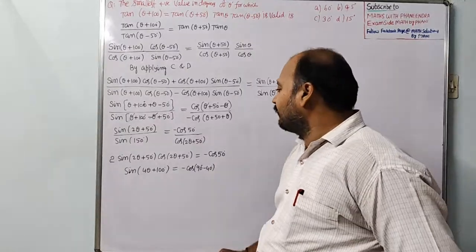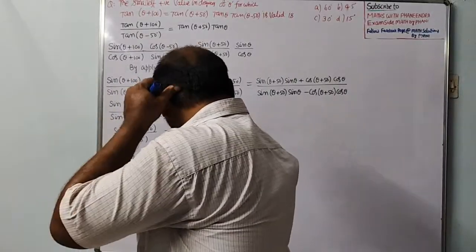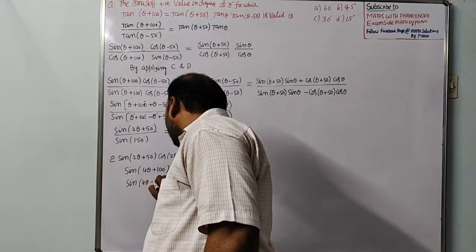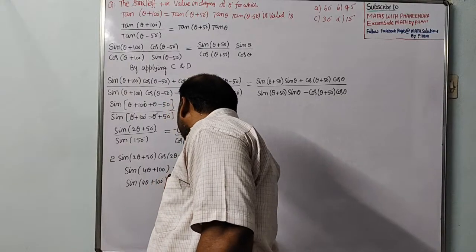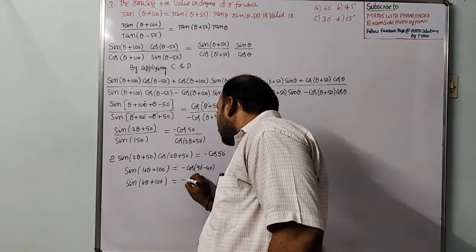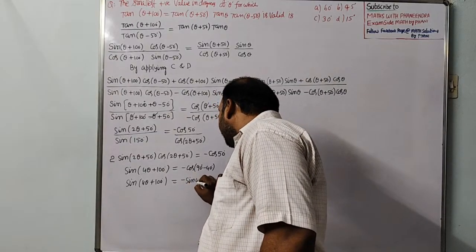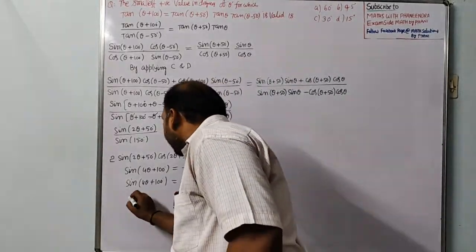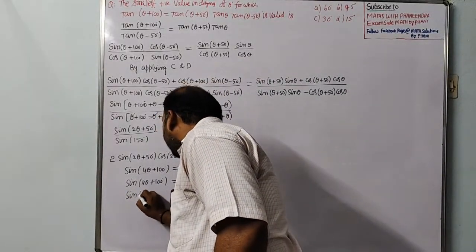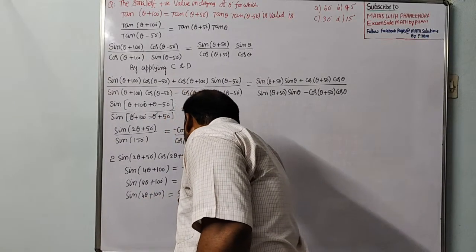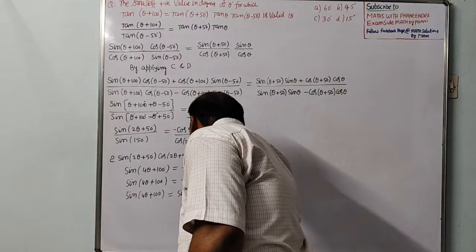So sin(4 theta plus 100) is equal to minus cos(90 minus 40), and cos(90 minus theta) is sin theta, so minus sin 40. I am bringing the minus into the bracket, so sin(4 theta plus 100) is equal to sin(minus 40 degrees).